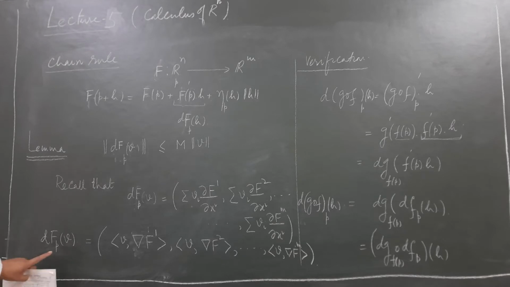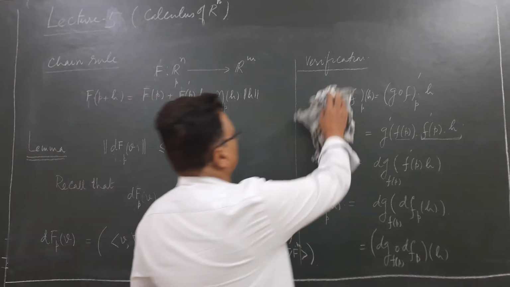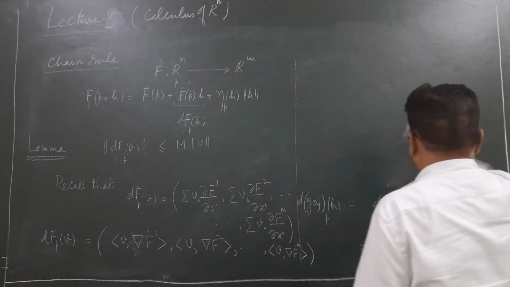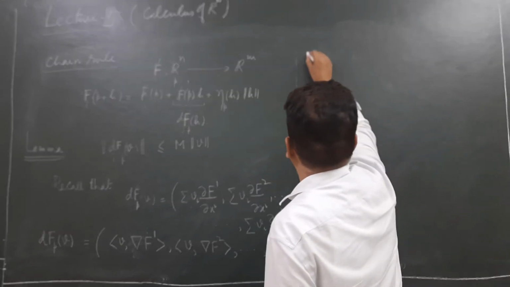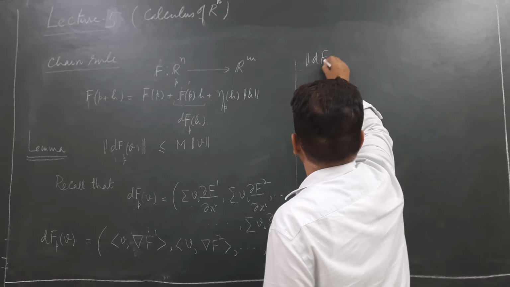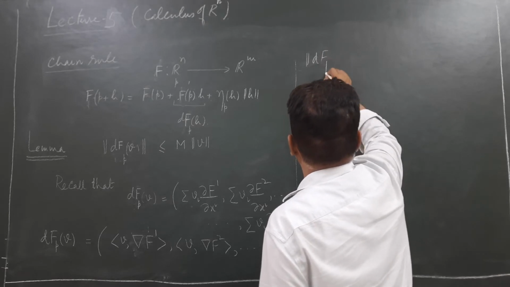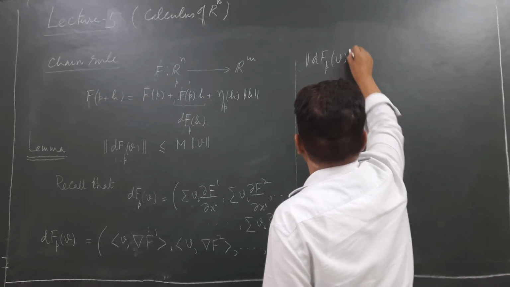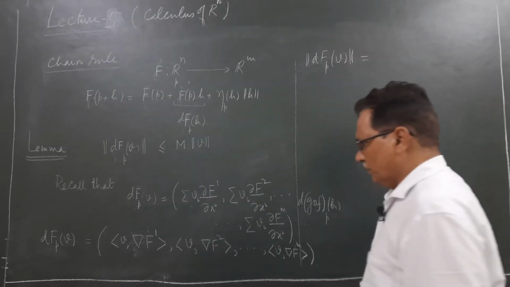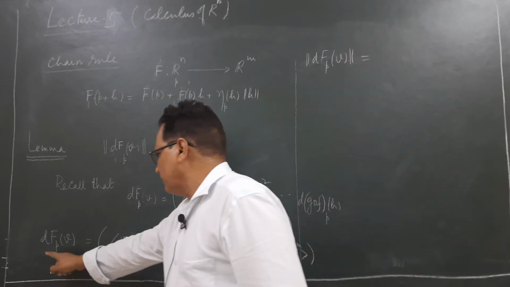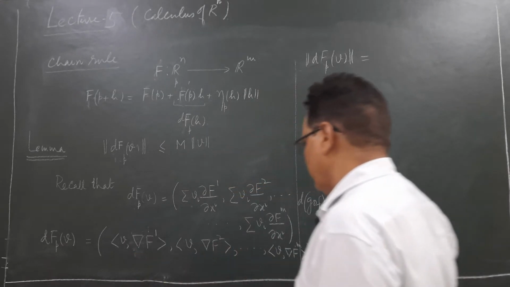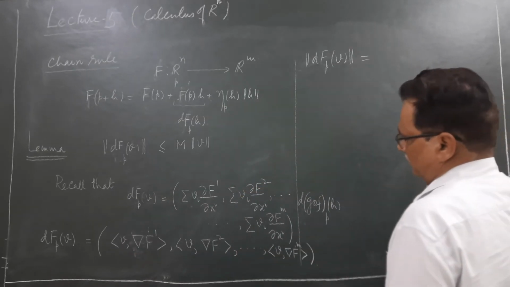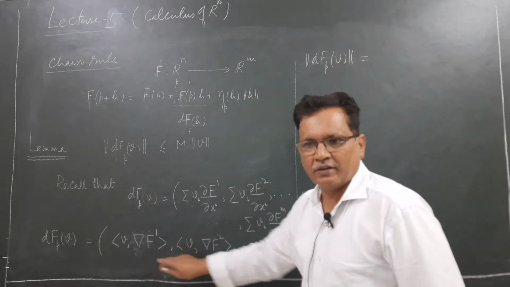I have to compute its norm. So norm I can write down now. So norm of df_p of v will be equal to, now these are the components of the vector df_p. So when you take its norm, it will be the sum of the squares of the components.